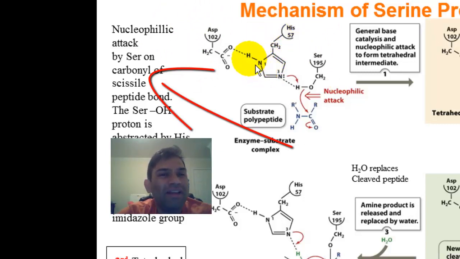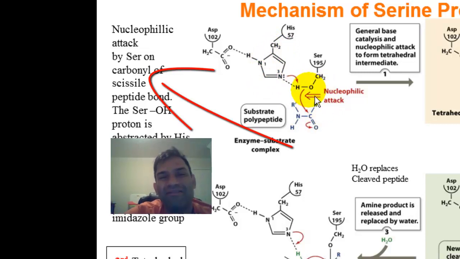Then I want to focus your attention on the N1 of the imidazole side chain of histidine. That N1 is protonated with a hydrogen, but what is tugging at that hydrogen? What's tugging at that hydrogen is the aspartate, or aspartic acid. You see that hydrogen bond with the carbonyl C double bond O group. So you have a hydrogen bond pulling this way from aspartate, and you have a hydrogen bond pulling this way from the N3 of the side chain of histidine.